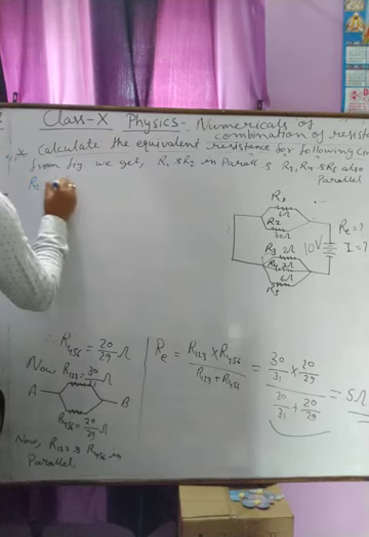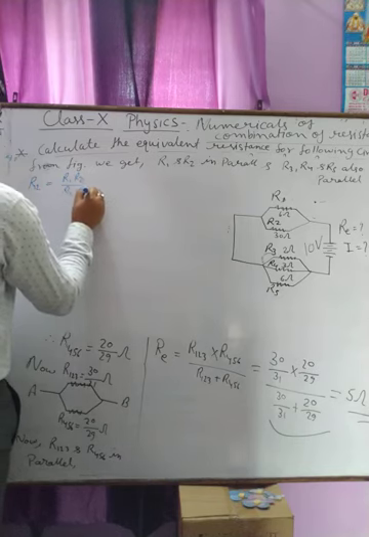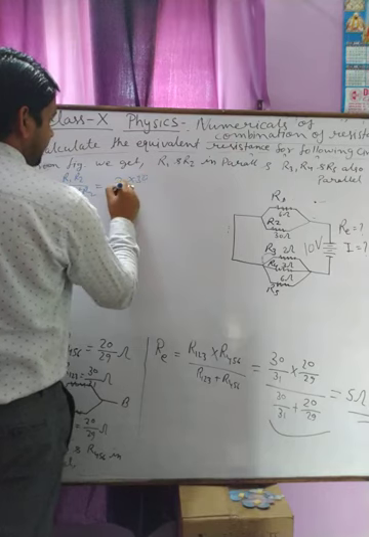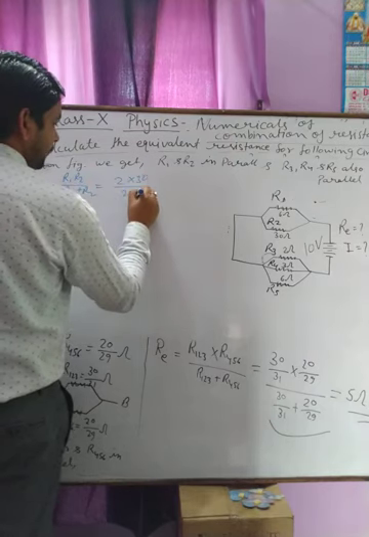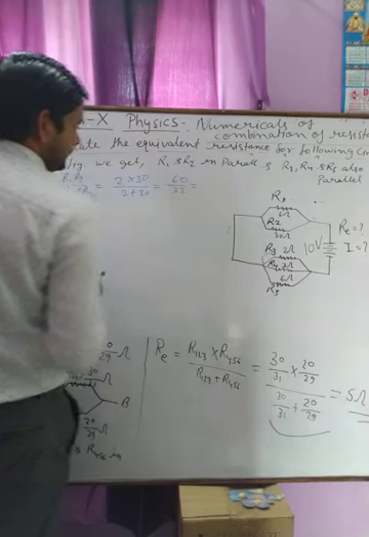R12 is R1 R2 upon R1 plus R2. We get 2 into 30 upon 2 plus 30, is 60 upon 32.